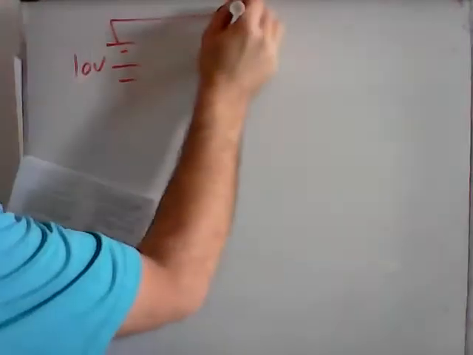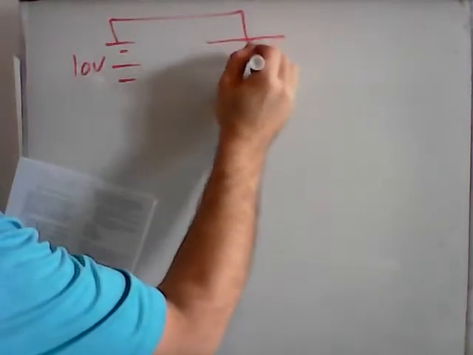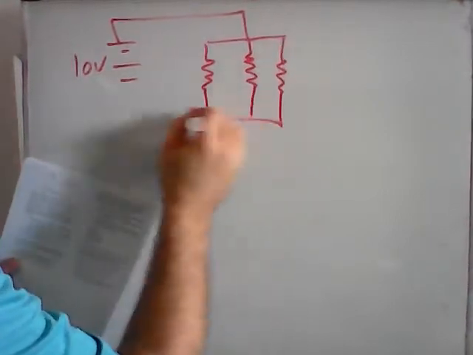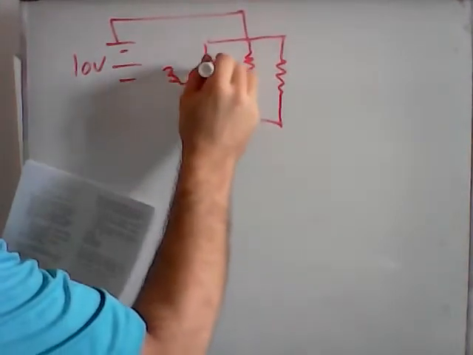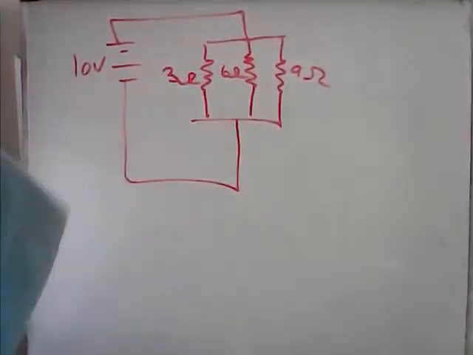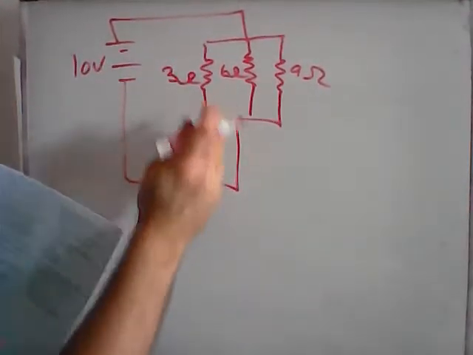Okay, so we have a battery here, it's 10 volts. And we got 3 resistors connected to it. 3 ohms, 6 ohms, 9 ohms. That's our circuit, and we could find out a bunch of different stuff about this.